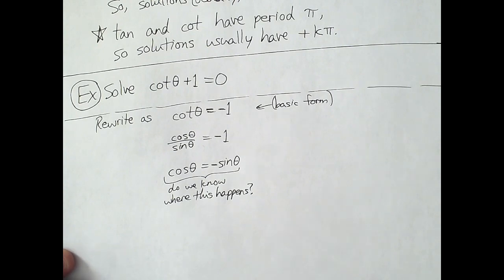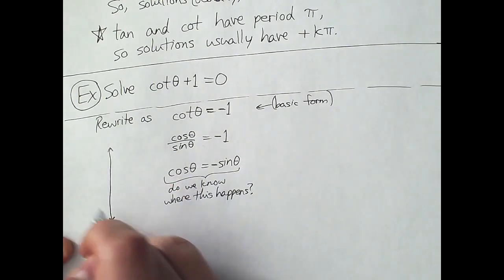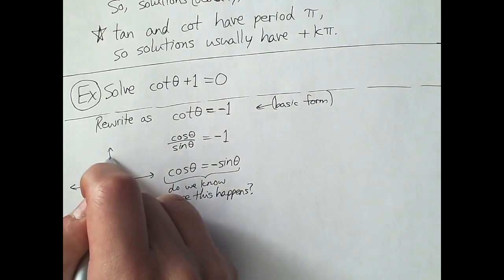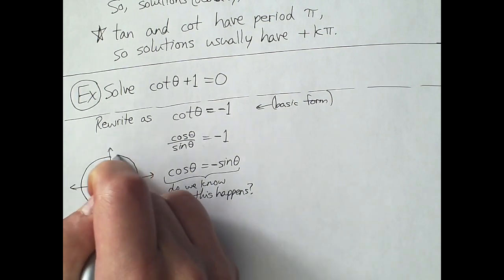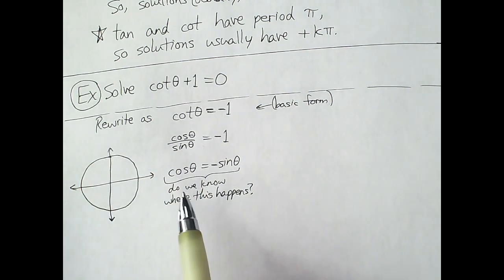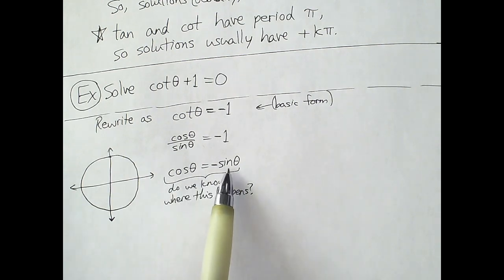Well, I think the answer is let's do a unit circle. Scratch work unit circle. On the unit circle, cosine would be the x-coordinate, sine would be the y-coordinate. So I need to think of a place where the x-coordinate and the y-coordinate are almost the same, except one of them has a minus sign in front.